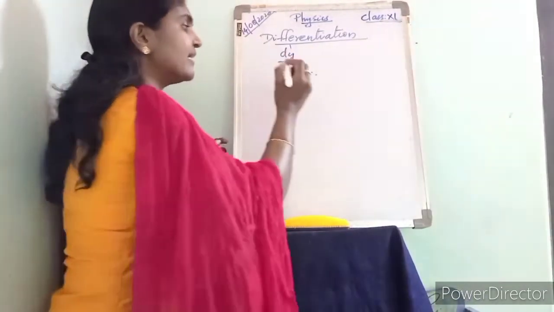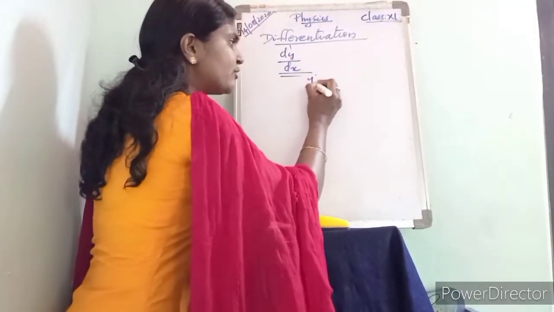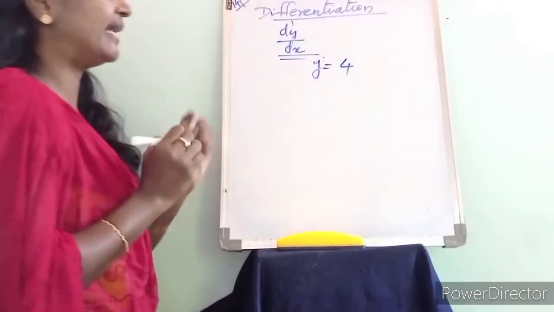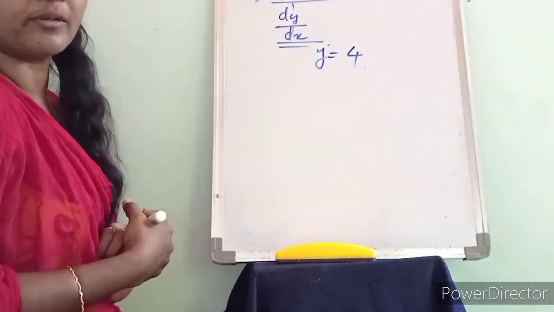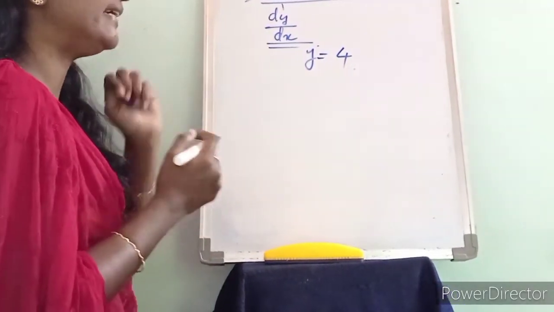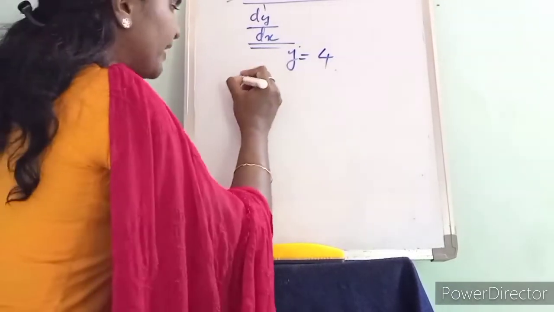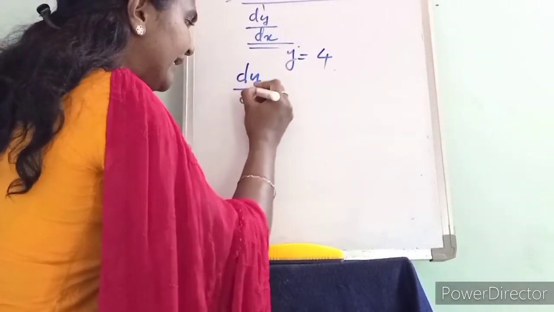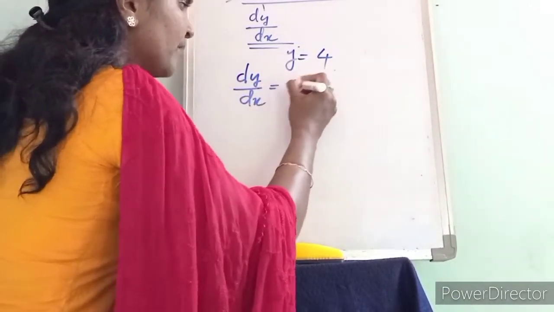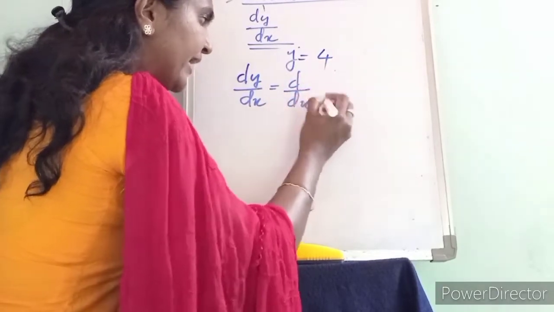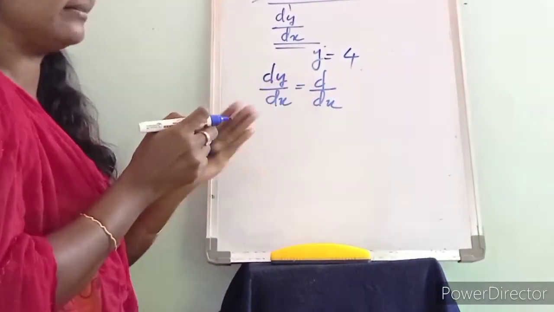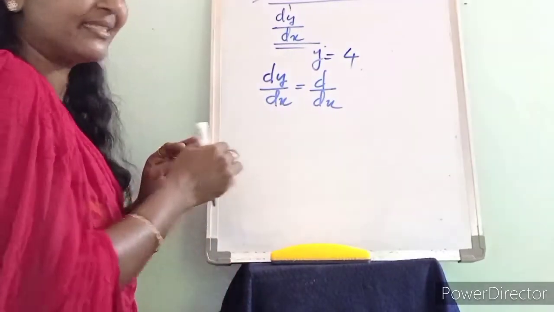For that, we are considering a simple case. Let y equal to 4. Next, we have to find dy by dx. So, we can write dy by dx is equal to d by dx of y. We cannot cancel these two d's because they are not letters, it is an operator.